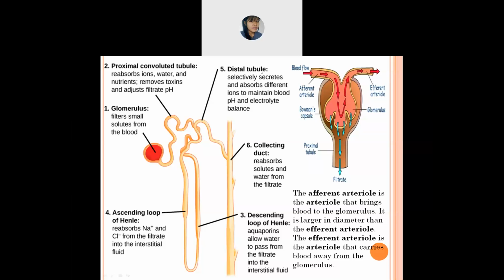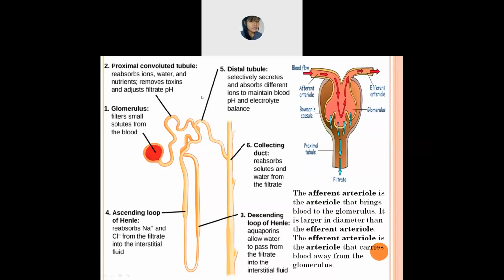Now let's go to the next, that is the distal convoluted tubule, also known as DCT. In the DCT, what will happen? They will selectively secrete and absorb different ions to maintain blood pH and electrolyte balance.